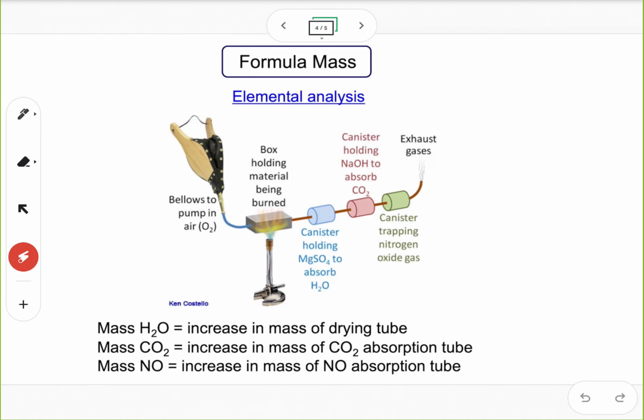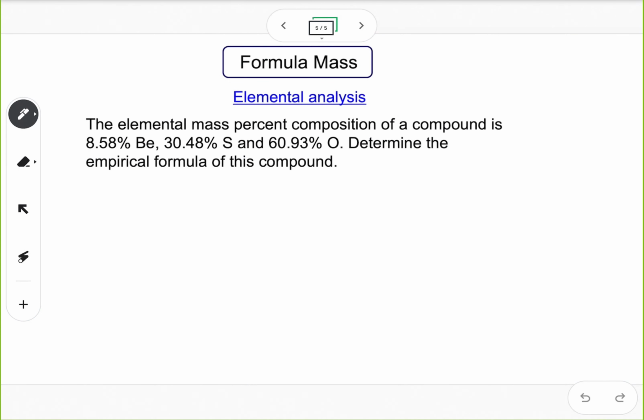So let's do a quick practice and see how we identify the formula or empirical formula. In this question, elemental analysis tells you the mass percent composition of 3 elements in one compound. Here are the data. Determine the empirical formula of this compound. Remember, elemental analysis has its limitation.